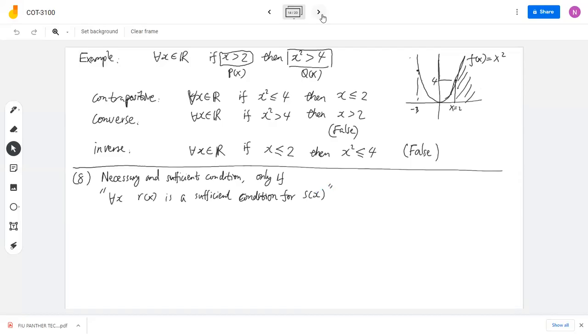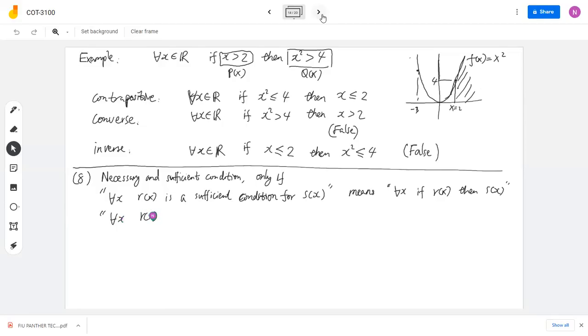And what is the meaning of this? This means for all x, if Rx, then Sx. Okay, we have seen this before, but not in a quantified statement.